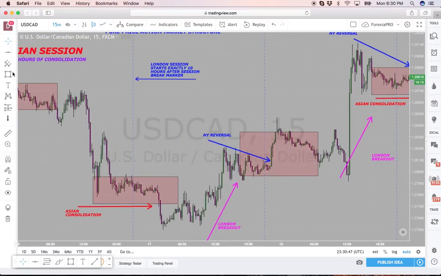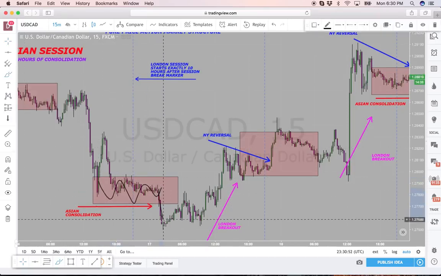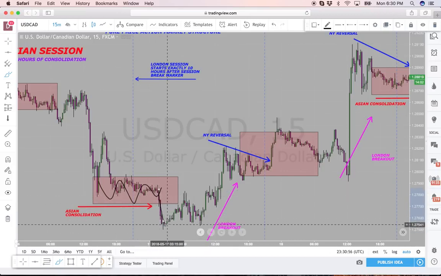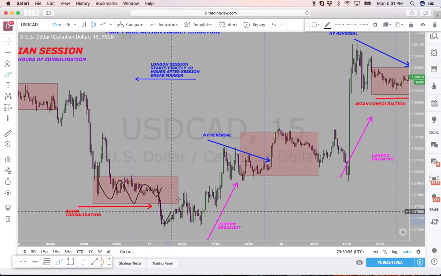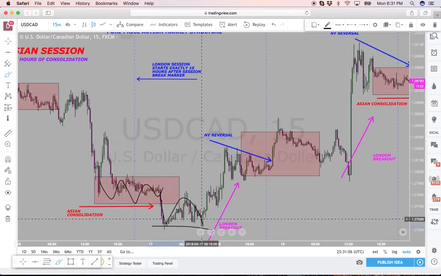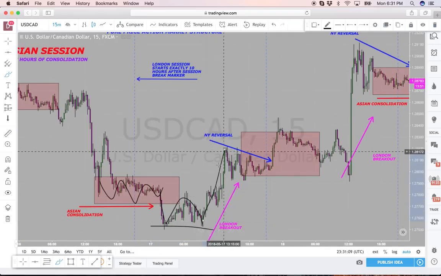We have Asian session consolidation, and then there's the breakout. This was early into London session, late Asian session. It's not always perfect. And then we have the second leg of the W off of the low. This is London session breakout. And then M formation, New York reversal.